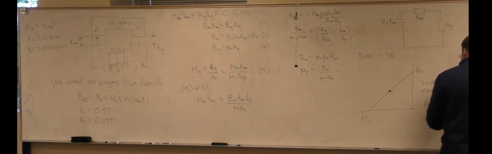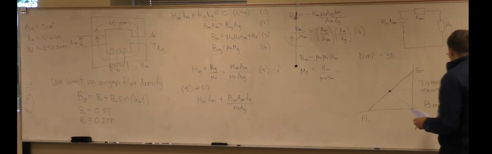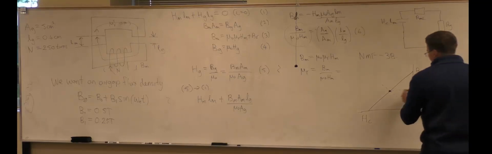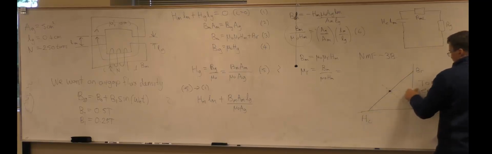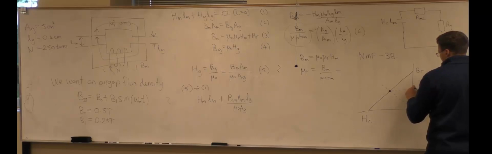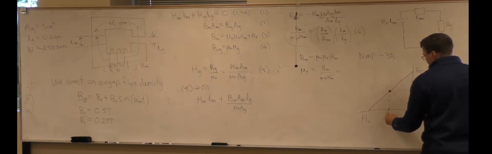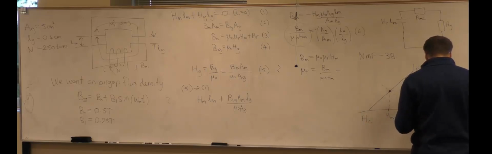So this is BR over 2. Okay, and at that BM, this is the BM here, we can then get the HM. So this was around 300.